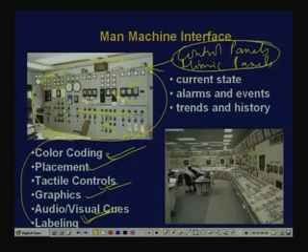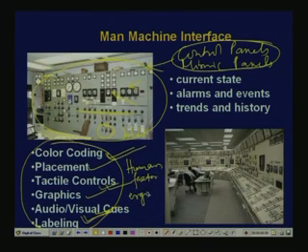So, there is a lot of this, called human factor engineering, sometimes referred to as ergonomics.